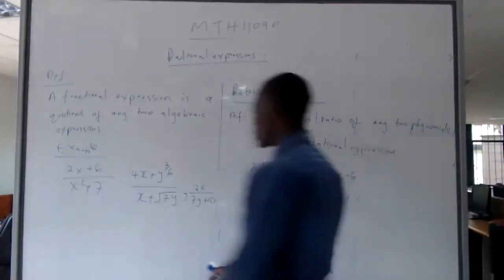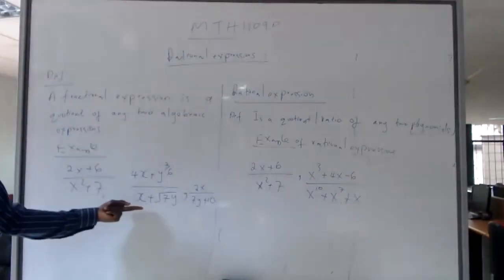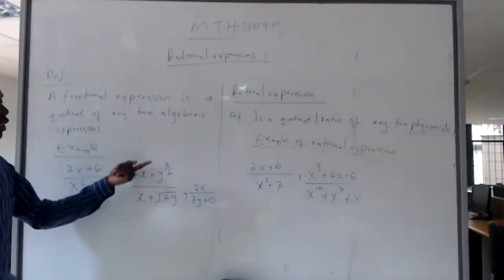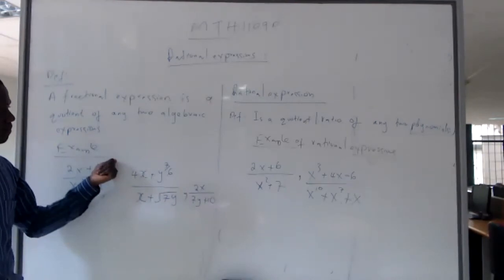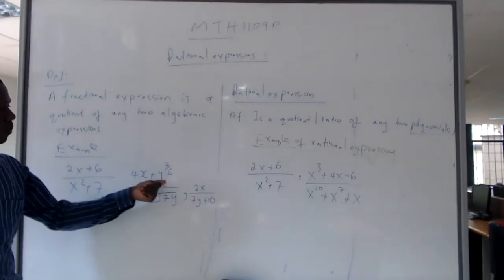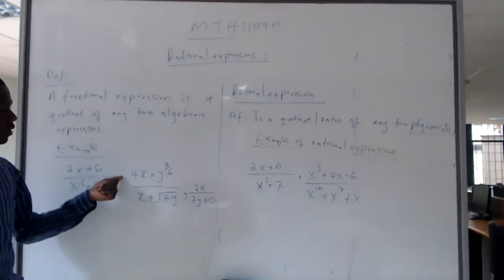For example, in this second fractional expression, the numerator is not a polynomial. Can someone tell me why? Because of y raised to the power 7/6, which is not an integer.